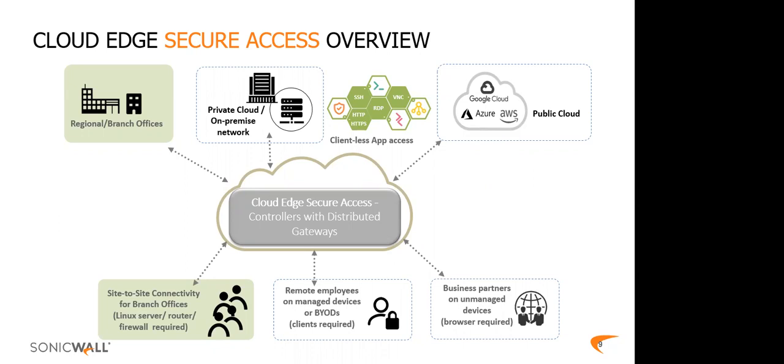So once the connection is authenticated, the traffic will pass to the branch office, the private cloud or on-premise network, or they can access clientless apps or the public cloud apps also.